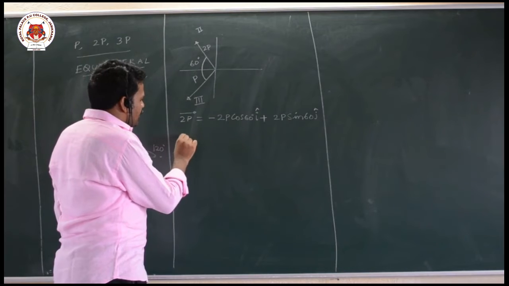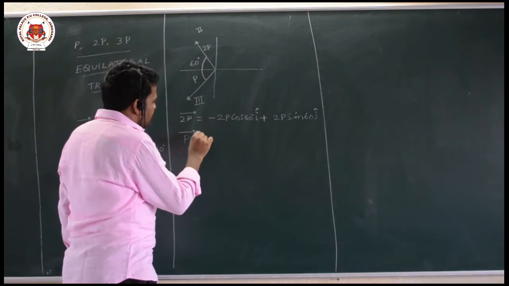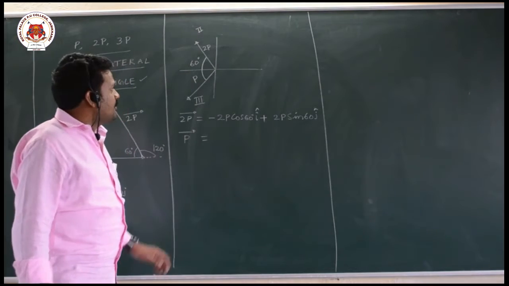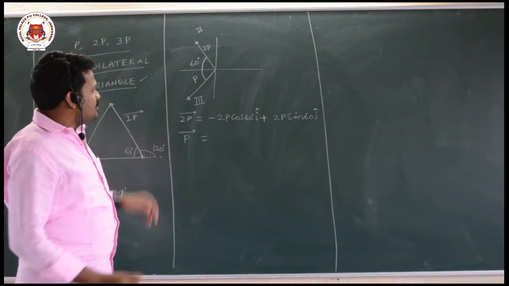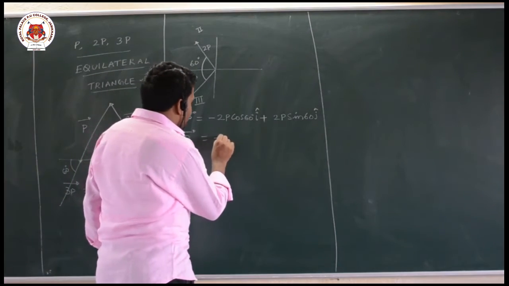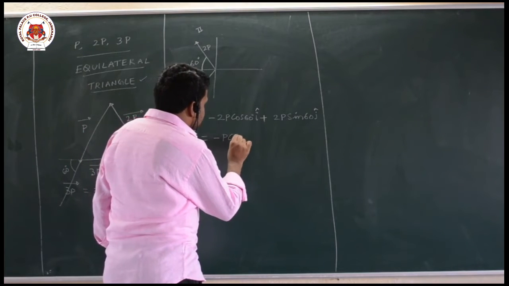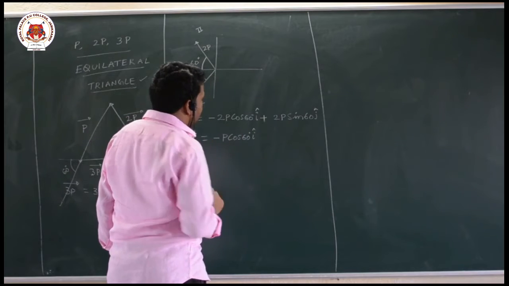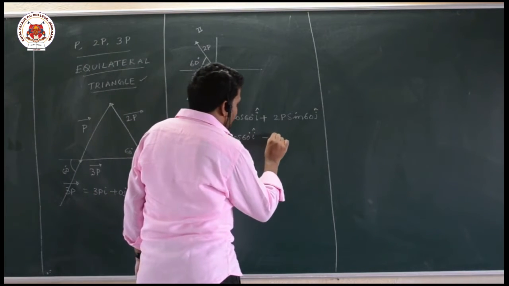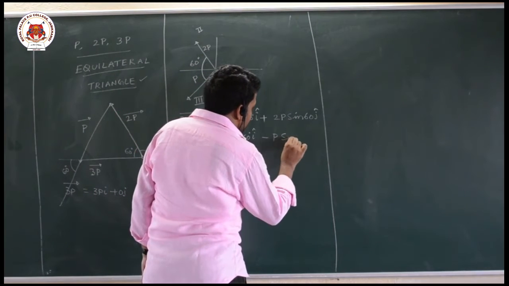Now this p bar also I can resolve into components. In quadrant number 3 both x and y are minus. So I can write minus p cos 60 i cap minus p sin 60 j cap.